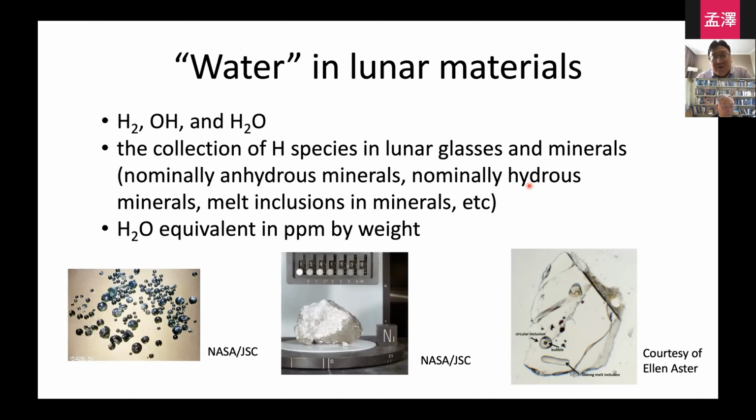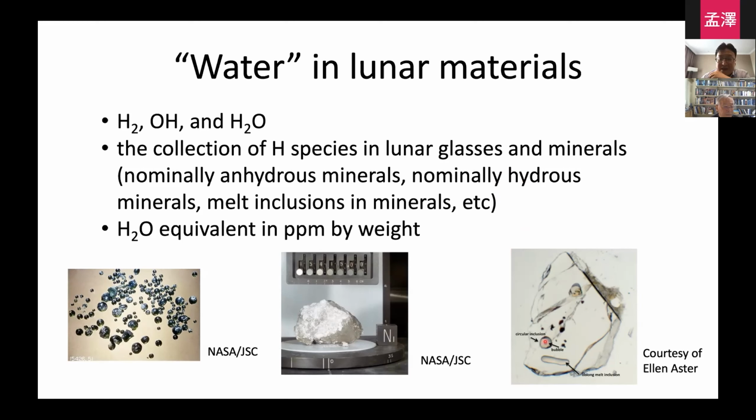There's actually only one nominally hydrous mineral, which is apatite. In the lunar materials, there's another material which contains hydrogen species, which is melt inclusions in minerals, such as shown here.